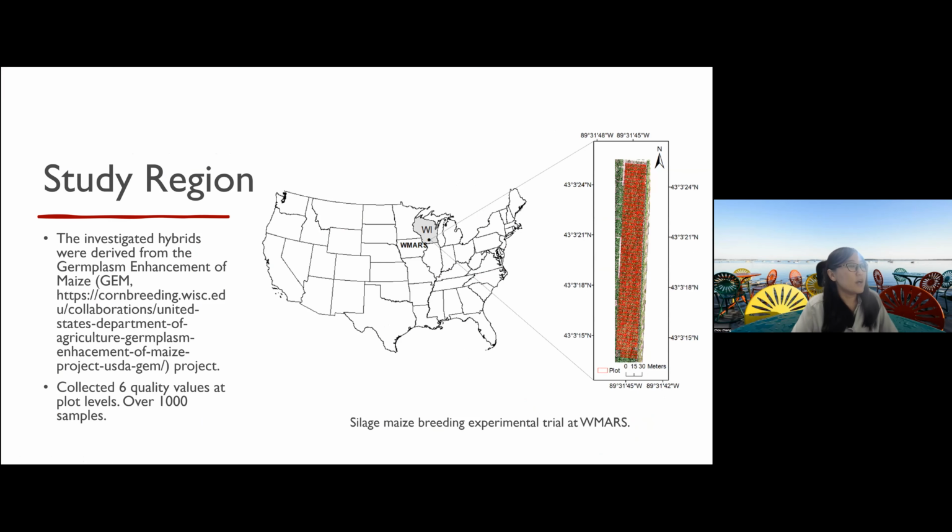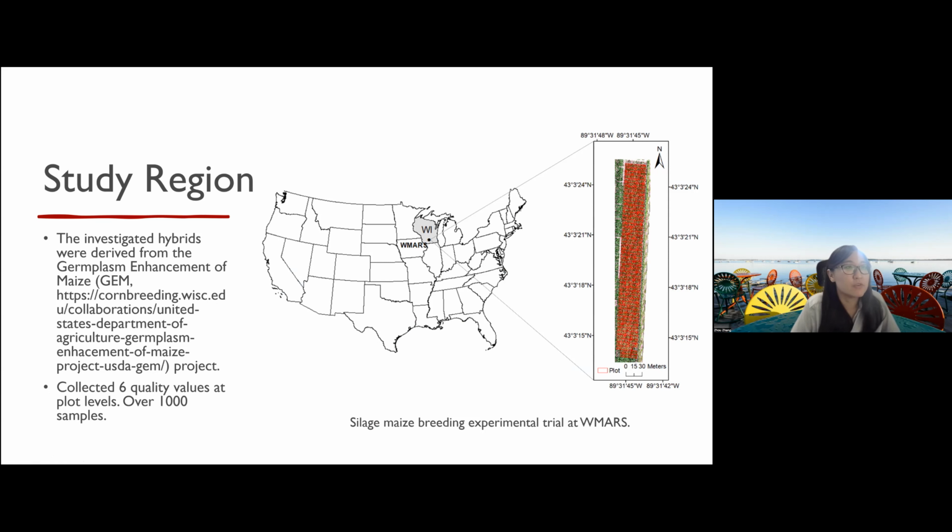We have our field study area in Wisconsin, in one of our agricultural research stations, and there are thousands of different breeding lines and forage varieties there. So you see this is our study area, and usually for plant breeding, the crops are planted very closely to each other, and the plots are very small. In this project, we have a 2-row plot.